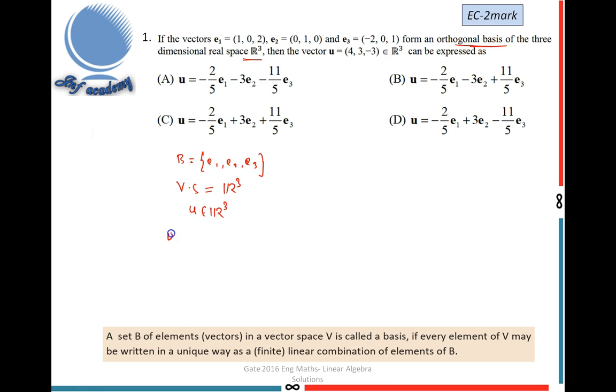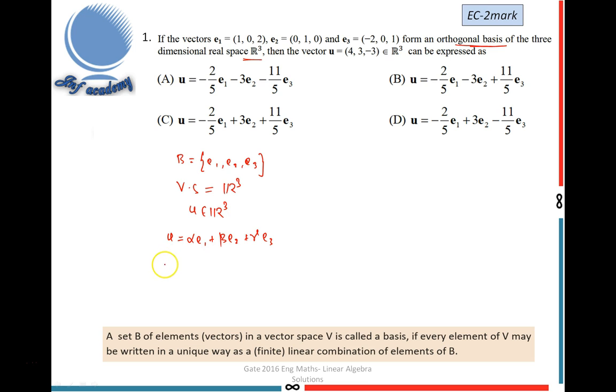So by using that result, U may be written in a unique way as a linear combination of elements of B, that is alpha into E1 plus beta into E2 plus gamma into E3. This is the result.